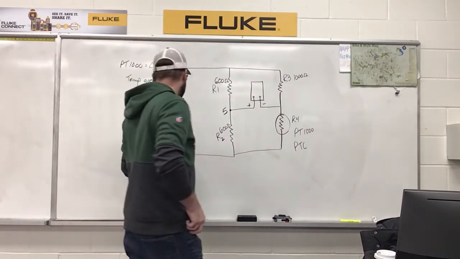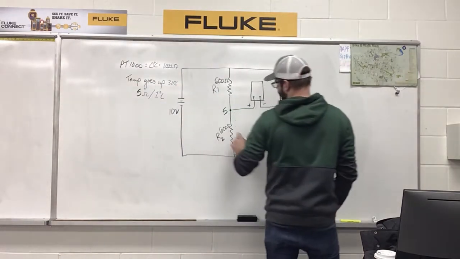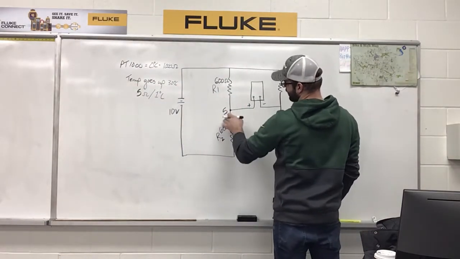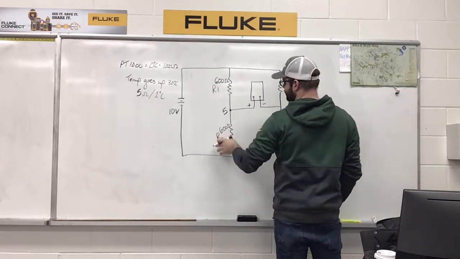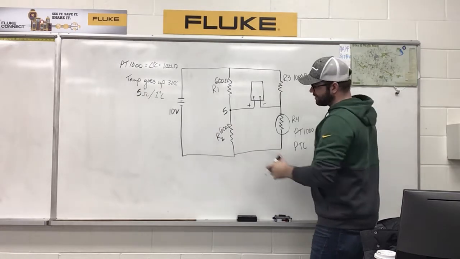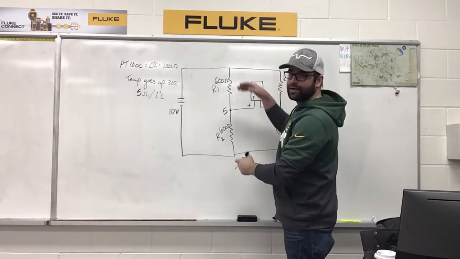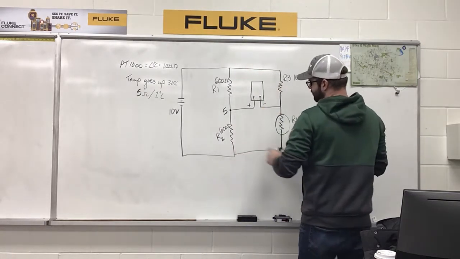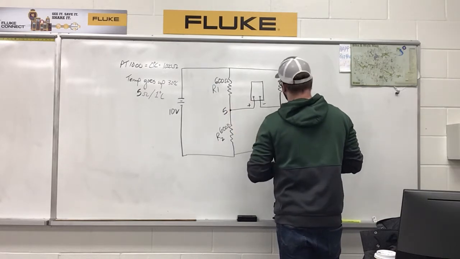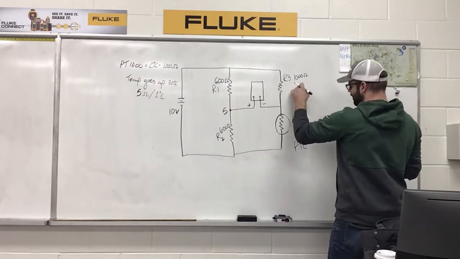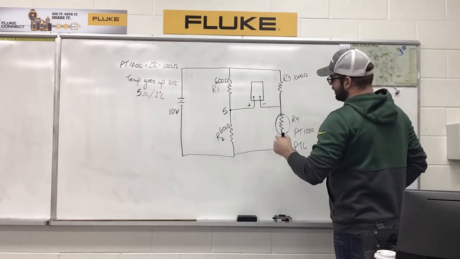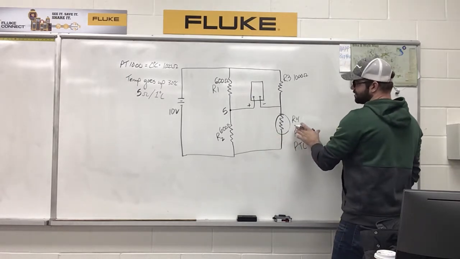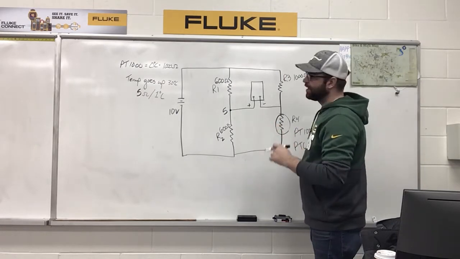Okay, so we've got a 10 volt power supply, right? I already have 5 volts written here. If we have both resistors the same, remember that the voltage gets split evenly between those two resistors. So we have 5 volts at the positive lead of our meter. We've got 1000 ohms and our PT1000 here. But we have to figure out what the resistance of our PT1000 is at 30 degrees.